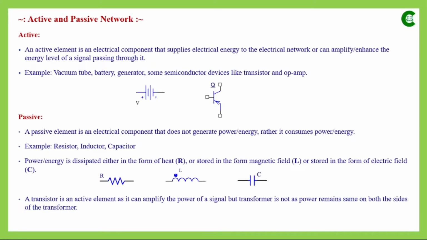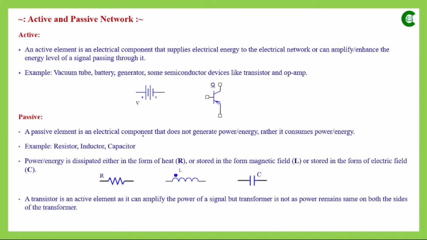Now a passive element is an element that does not generate any electrical energy or power; rather, it consumes or absorbs electrical power or energy from the network. Resistors, inductors and capacitors are good examples of passive elements.